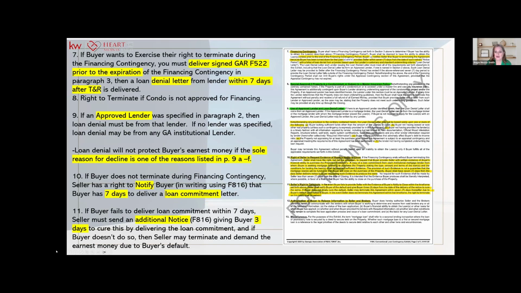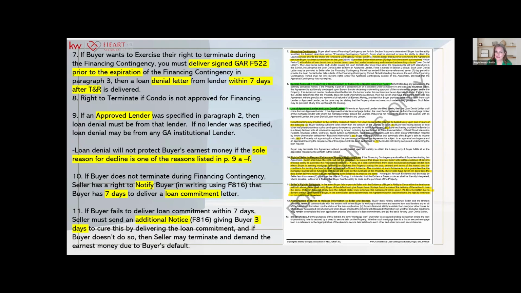We're going to start off looking at the financing contingency at the top. So remember I said earlier in class that our financing contingency doesn't say prove to me you're qualified. It says exactly the opposite. I assume you're qualified, and I assume that if you don't do anything and this financing contingency expires, that you're just going to show up at the closing with the money. Okay, that's basically what this financing contingency says.